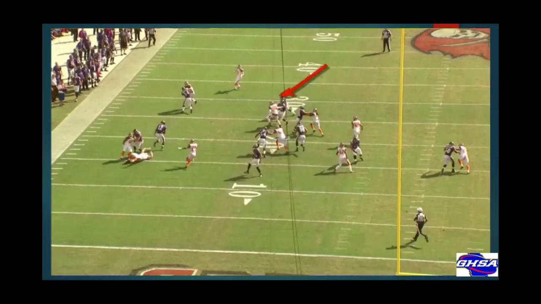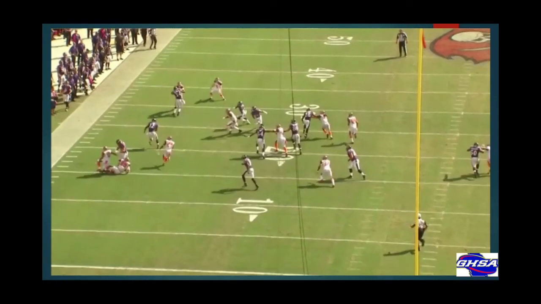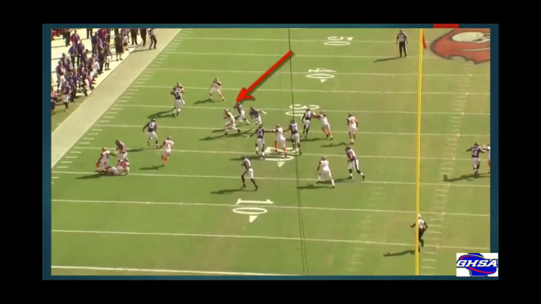Here, what we're watching for is headhunters. You've got guys that are swimming the opposite direction. And look here, we've got a guy, he's got a target, and he's in no position to make a legal block on this guy. So what do you think is going to happen? Yeah, you're right.